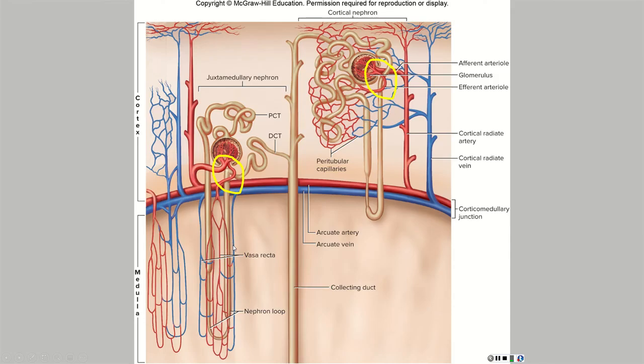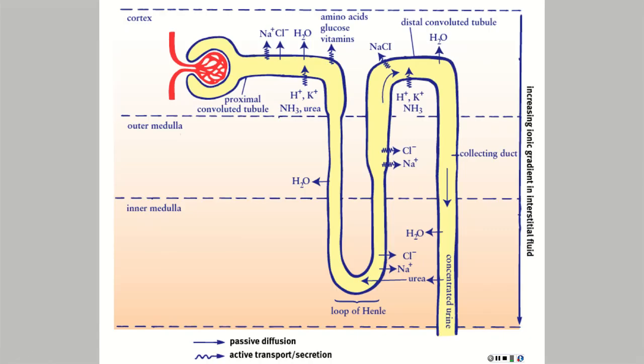So let's go back to our nephron here. If we let more blood into the glomerulus and we filter more, if GFR goes up, we make more filtrate. More filtrate then pushes through, so we're going to actually travel through the rest of the nephron faster.